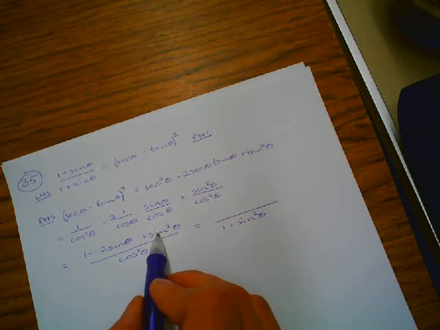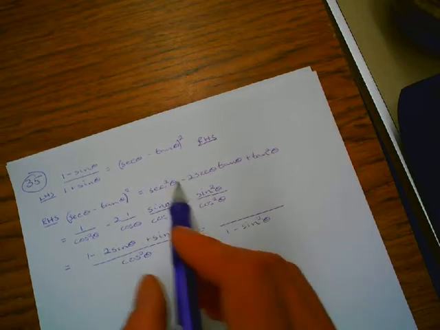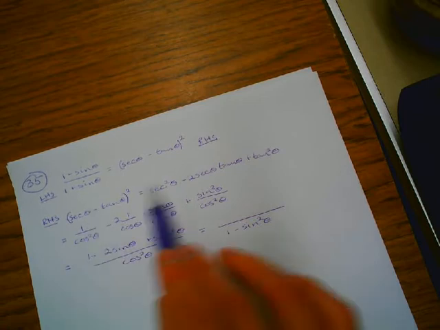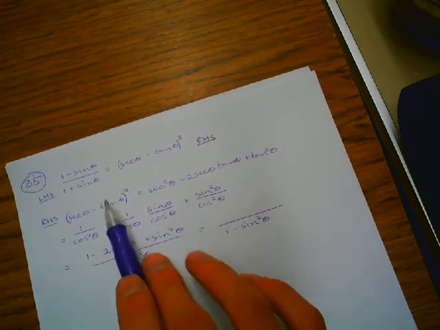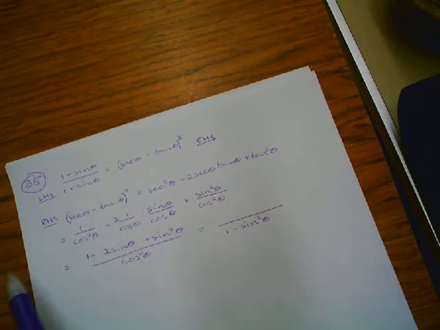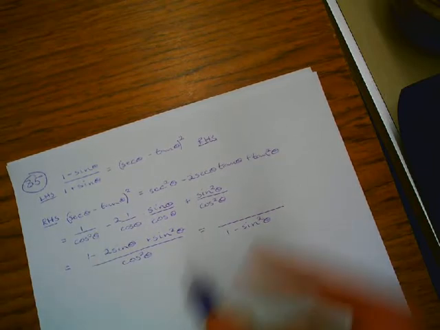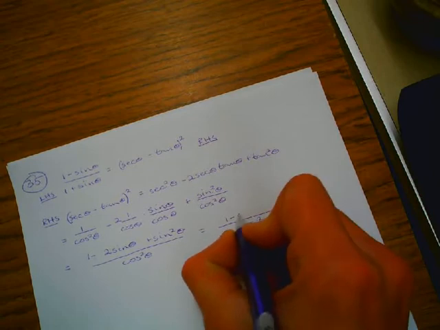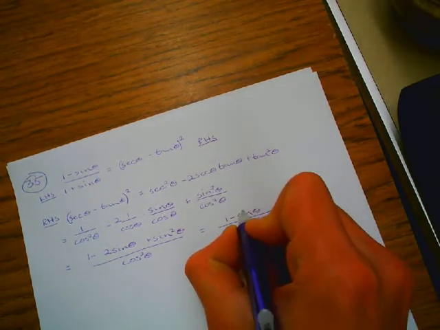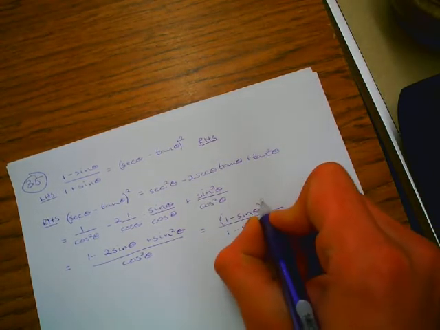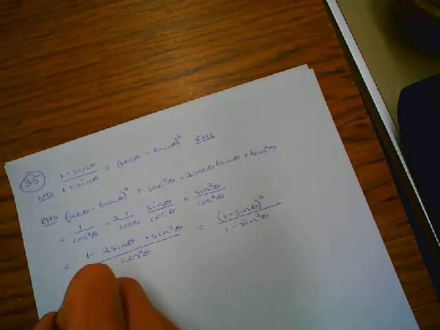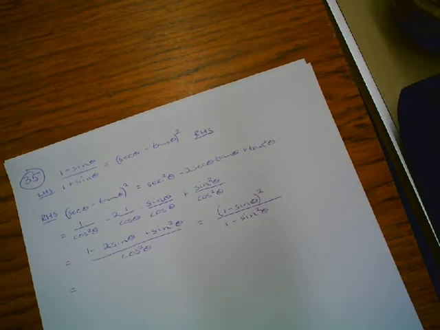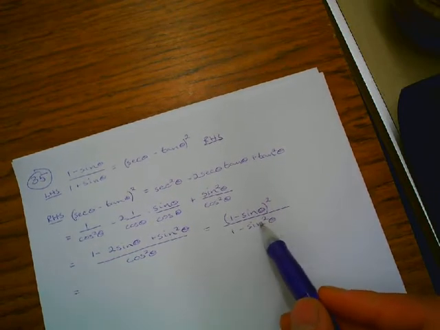Just like how we expanded in the first step, we're going to go backwards and factor it. So this is 1 minus sine theta quantity squared. Does it look similar to where we need to go?